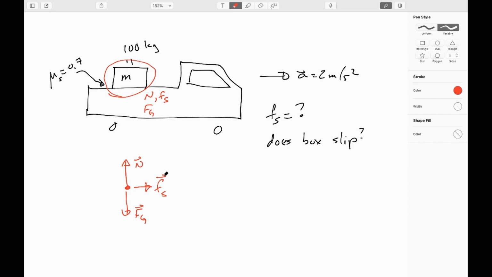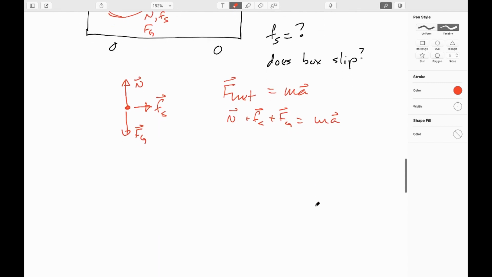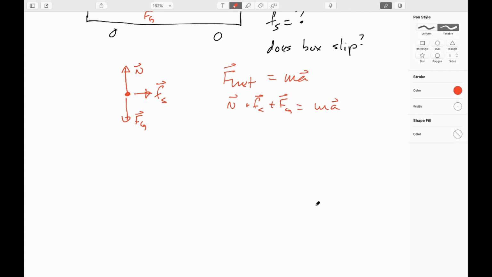All right, so with that we can go ahead and start writing Newton's second law of motion for this. So F net is equal to ma. So this will be N plus Fs plus Fg equals ma. And again, here we will go ahead and take components.